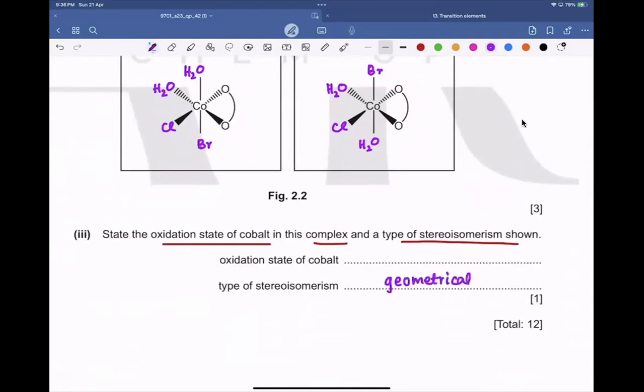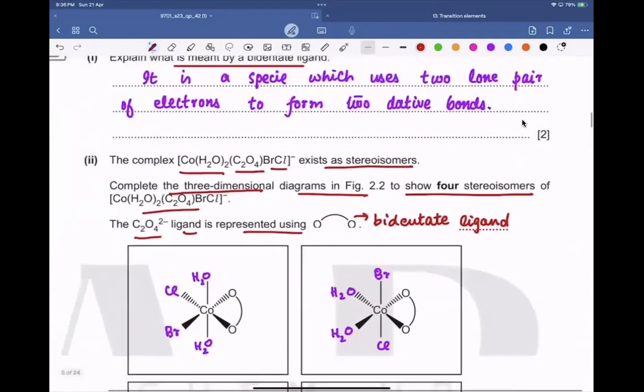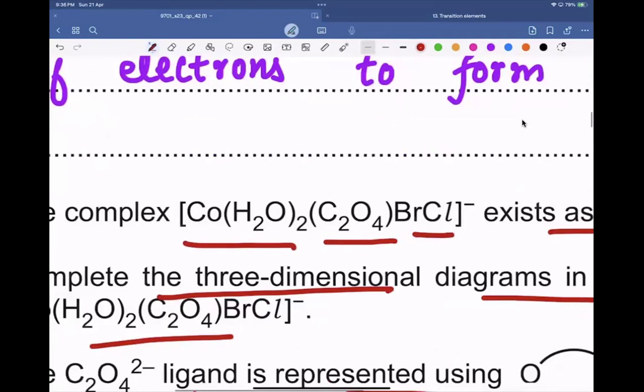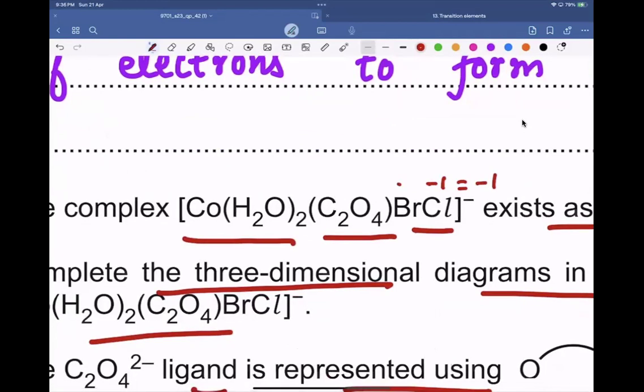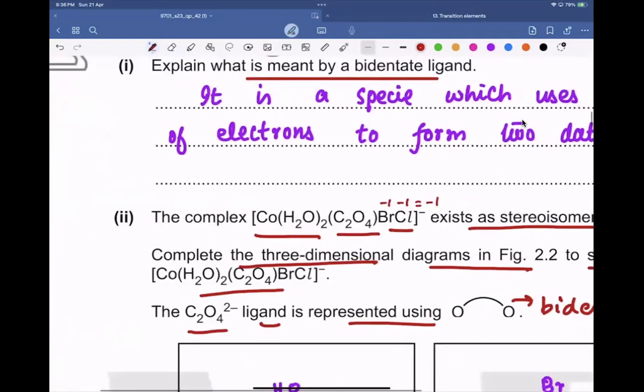Okay. Then you have to figure out the oxidation number or the oxidation state of cobalt. So see, what is the net charge on it? It's -1. Chlorine is -1, bromine is -1. If you see C2O4, they have given it over here. Otherwise, you have to remember it. I have mentioned it in the notes. It's -2. And water, we know, is 0. So what charge will be on cobalt when we add all of them? We get a -1 charge overall.